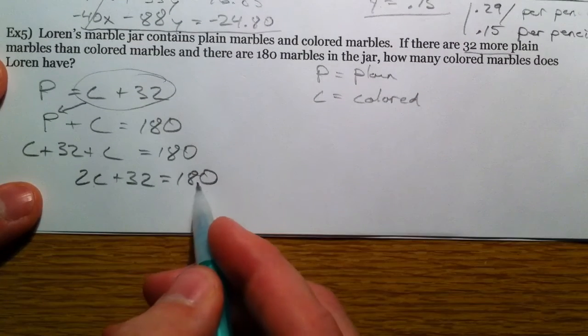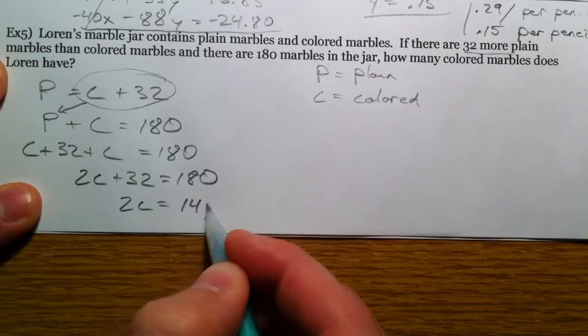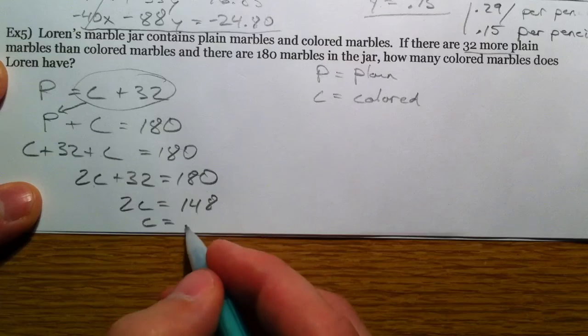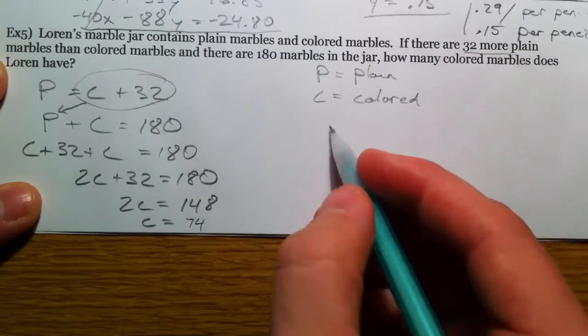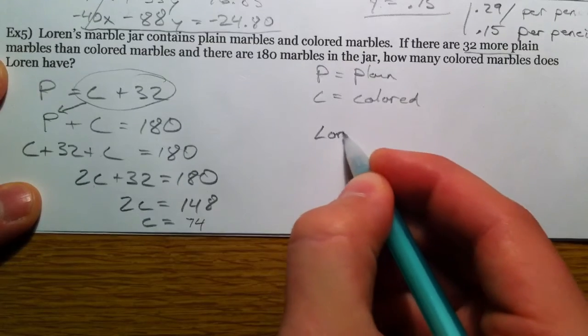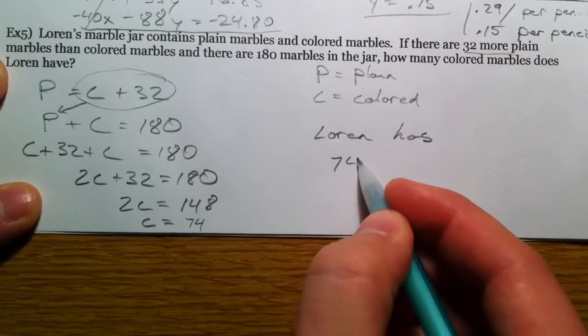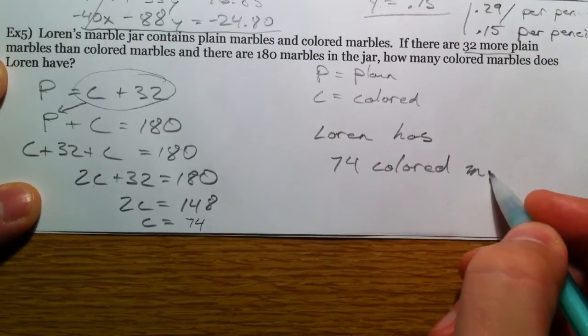If you subtract 32, 150, 148, and then C is 74. How many colored marbles? Loren has 74 colored marbles.